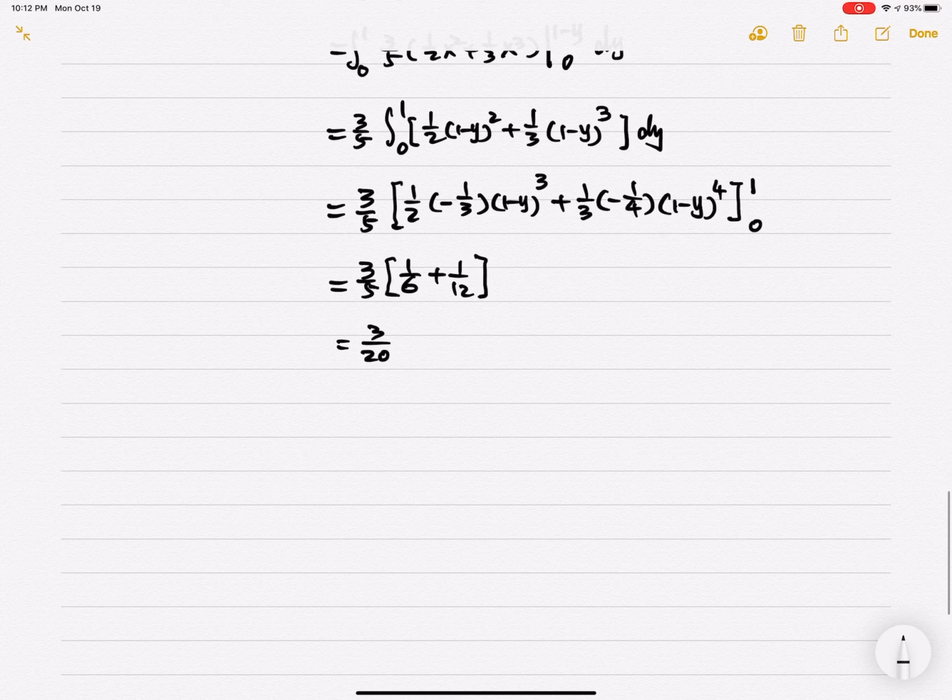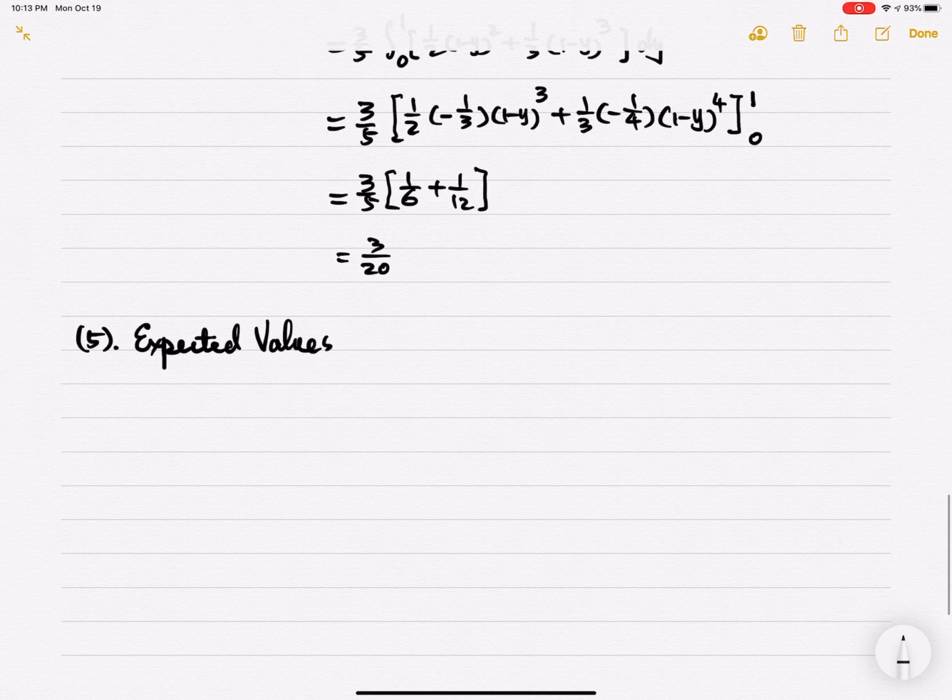And then the last application, the fifth part, is the expected values. This is directly from the function of one variable. We talk about expected value, function of one variable. Of course, here when we talk about expected value, that's the mean of the random variable.